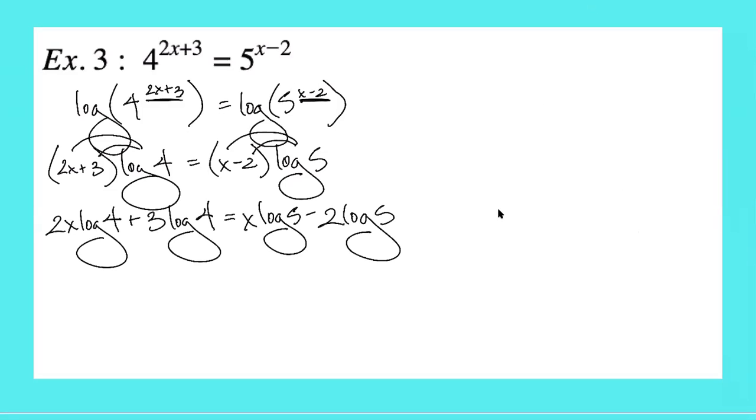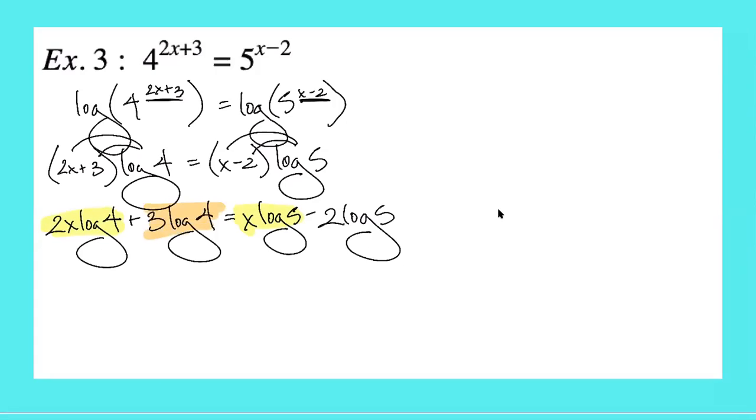All right, so it's getting a little messier. But now what I'd like to do is group all the terms that have x on one side and all the terms that do not have x on the other side. So this term and this term both have x's. And I'm going to move them both to the left-hand side.